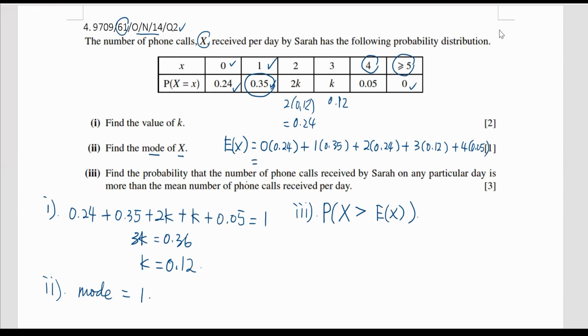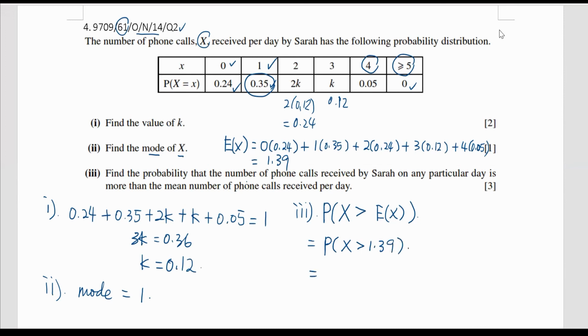So 1 times 0.35 plus 2 times 0.24 plus 3 times 0.12 plus 4 times 0.05. So it's 1.39. All right.